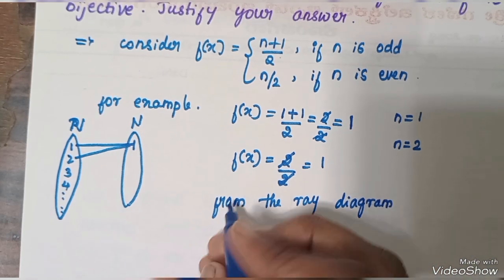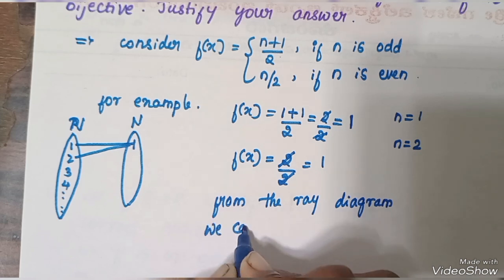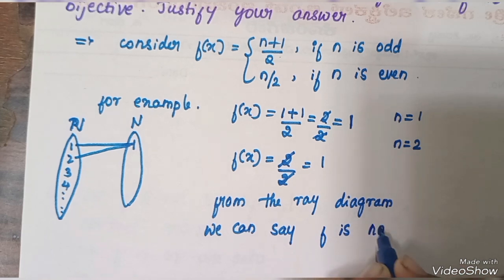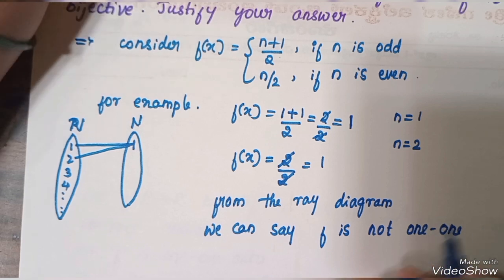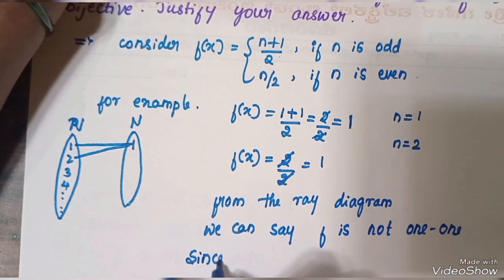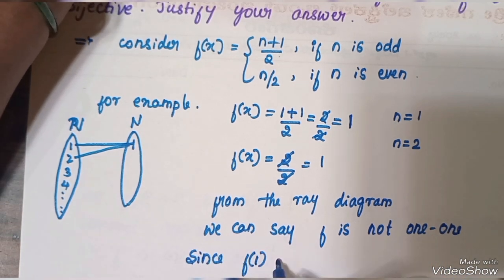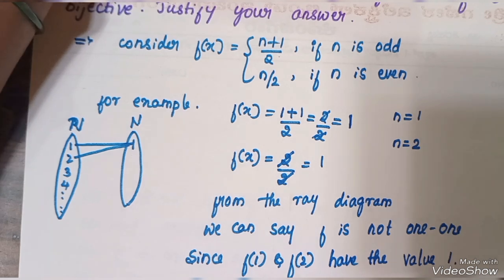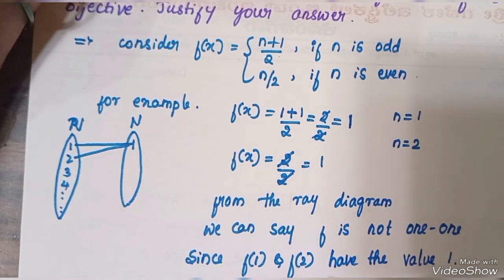From the ray diagram, we can say f is not one-one, since f(1) and f(2) have the same value 1. Now it is not one-one.